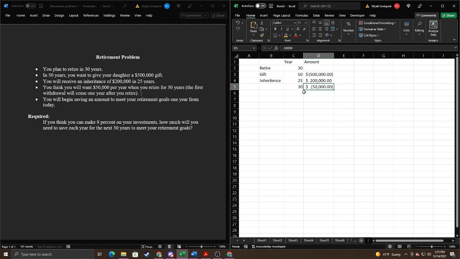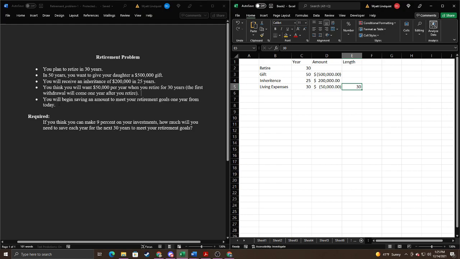So in 30 years, we want $50,000 for 30 years length. So this is going to be living expenses. And then we will begin saving 1 year from today.